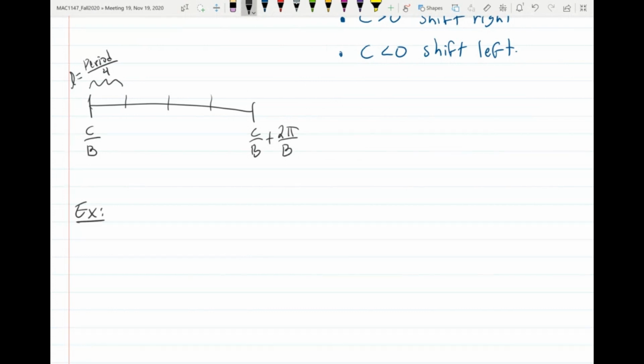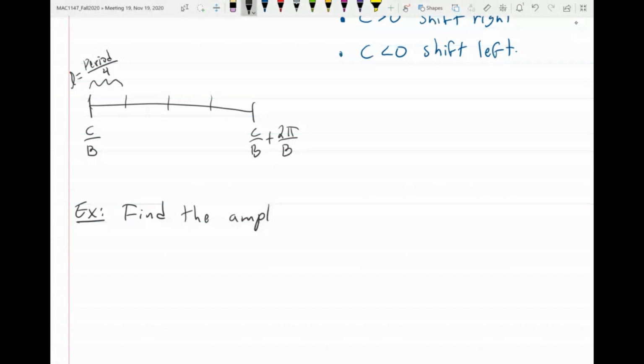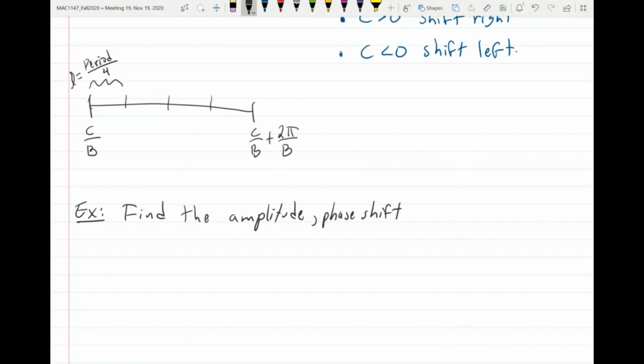Find the amplitude, phase shift, midline, and period, and then sketch.